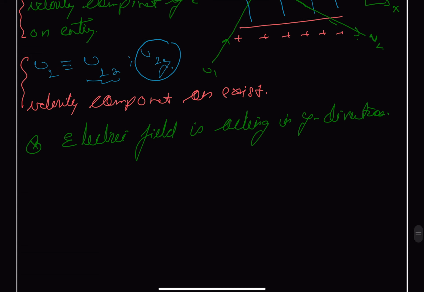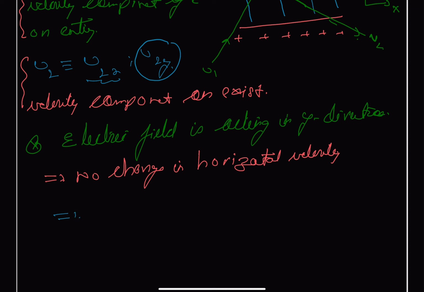Therefore, since the electric field is acting in the y direction, there is no change in horizontal velocity, or from here we can say that V1x is equal to V2x.